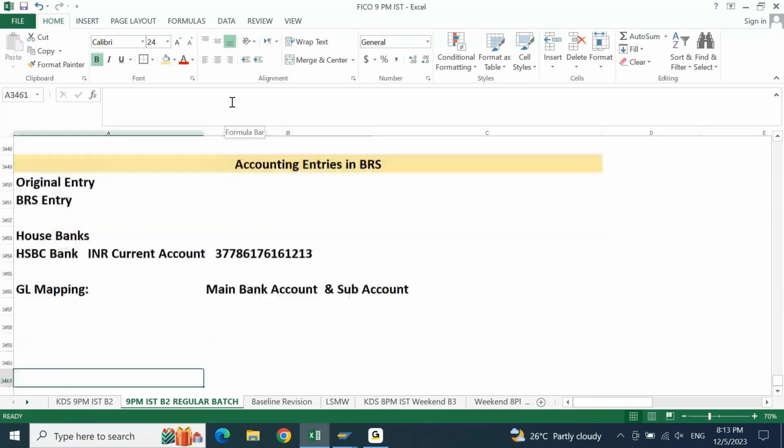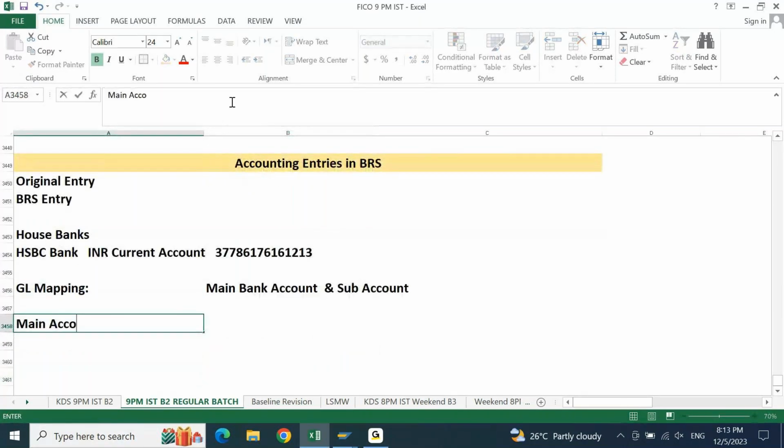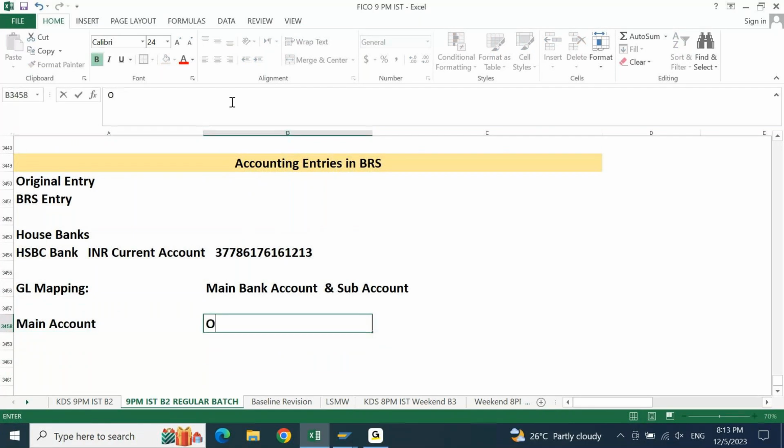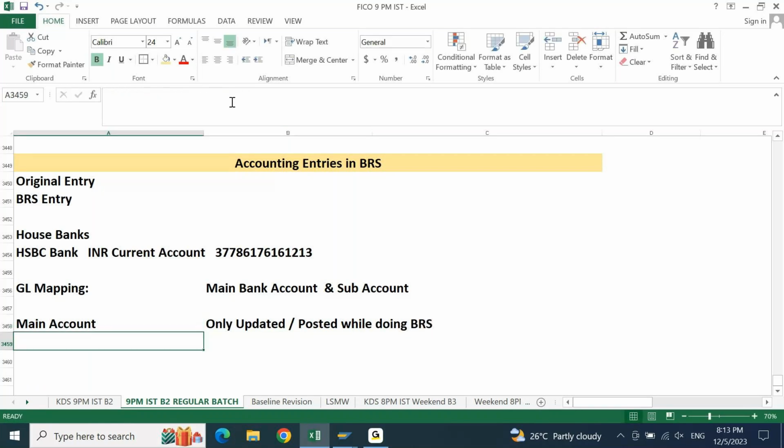Now, here main account is only updated or posted while doing BRS. Your main account is only updated or is only posted while doing BRS.